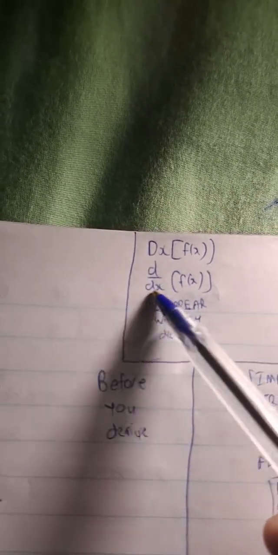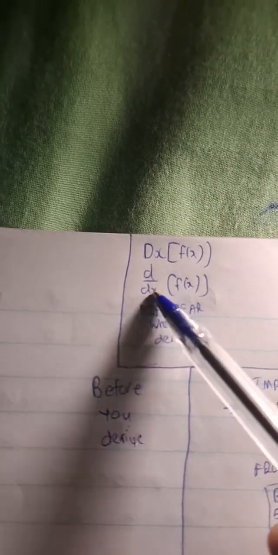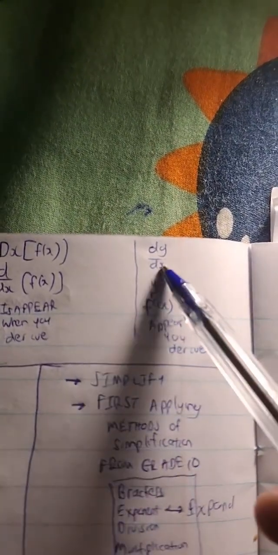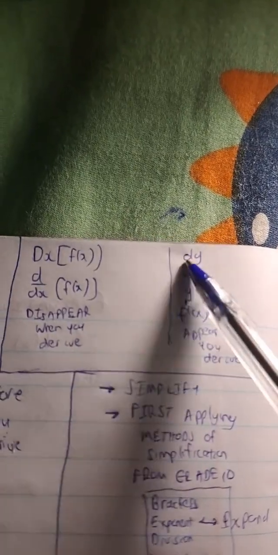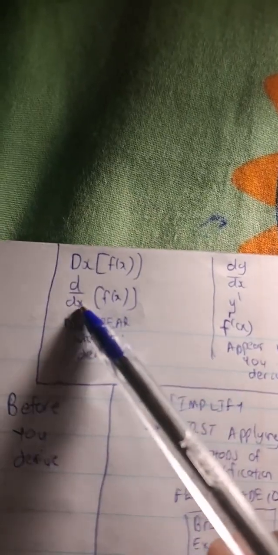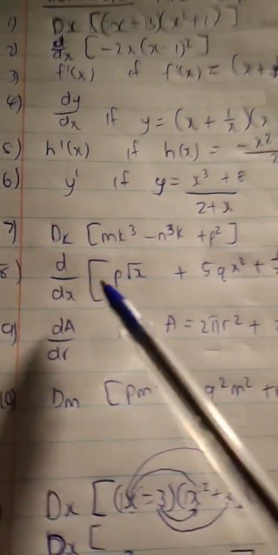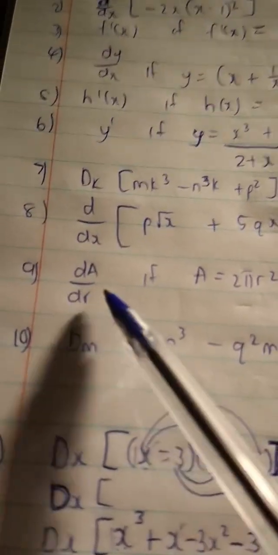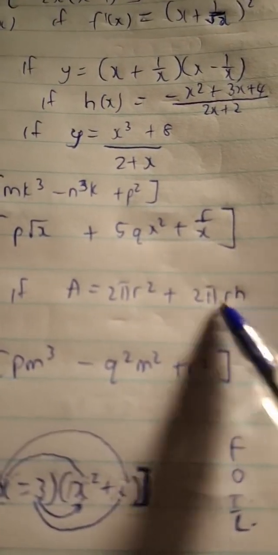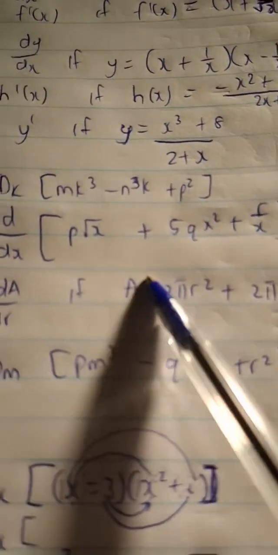Here, the denominator tells us which variable we need to be deriving with respect to. Here, y must be the subject for that particular function, but we are deriving with respect to x. So the denominator is always the one telling us. For instance, look at this question, dA over dr. Here we are being told that in whatever function or equation you have, A is supposed to be the subject, which it is.